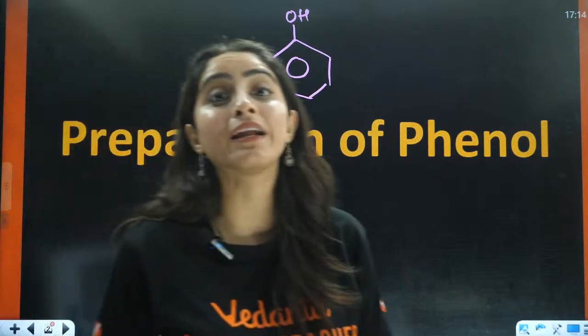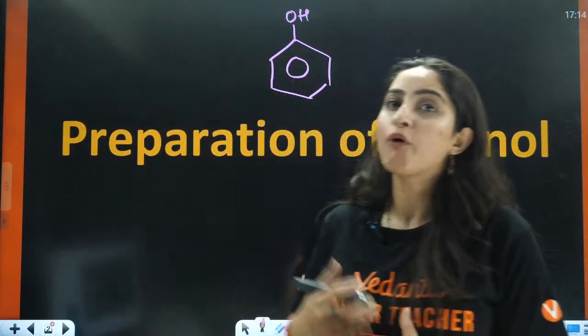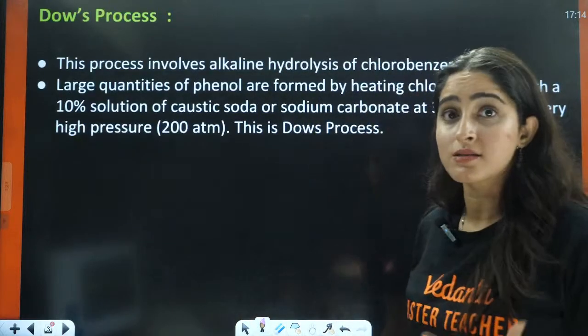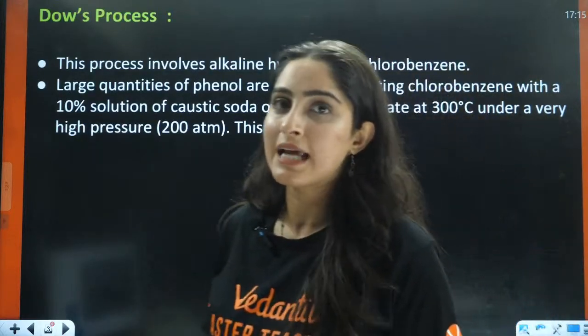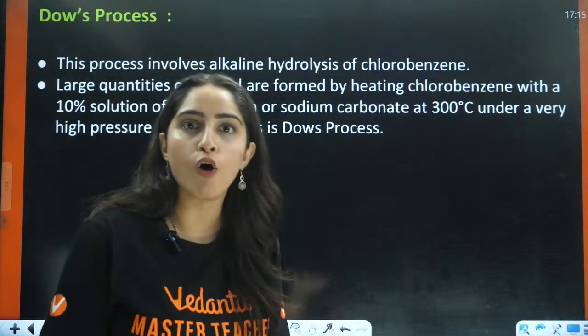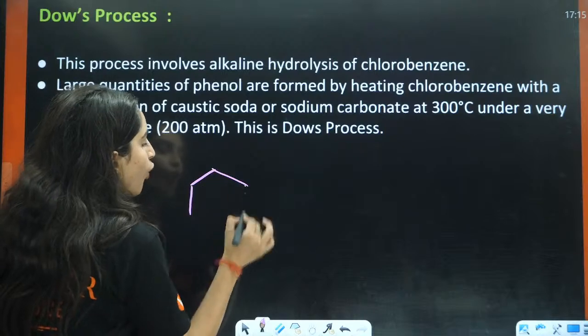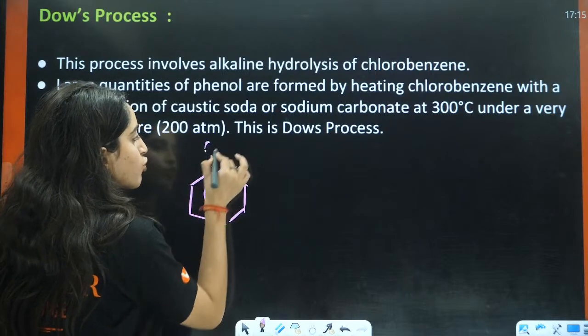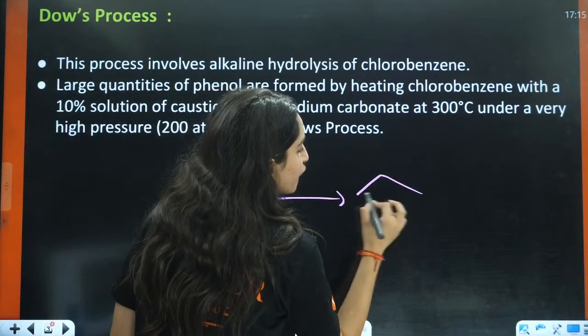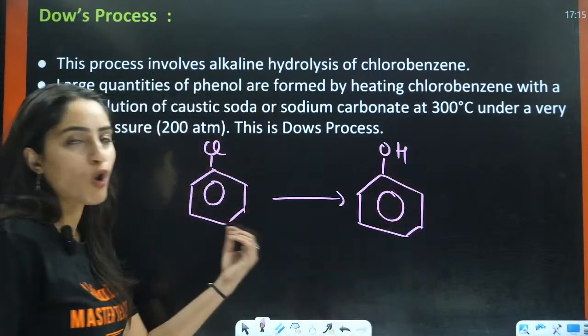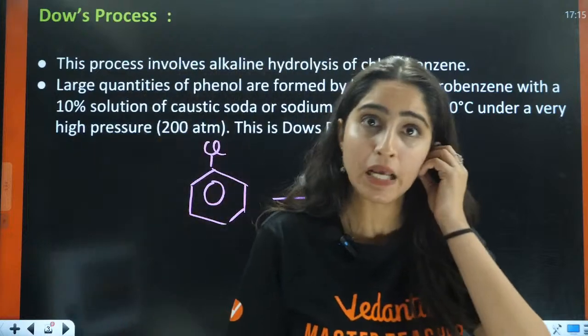Now how can we make phenol out of different things? The first and very important process is the Dow process, and this mainly talks about the conversion of chlorobenzene to phenol.